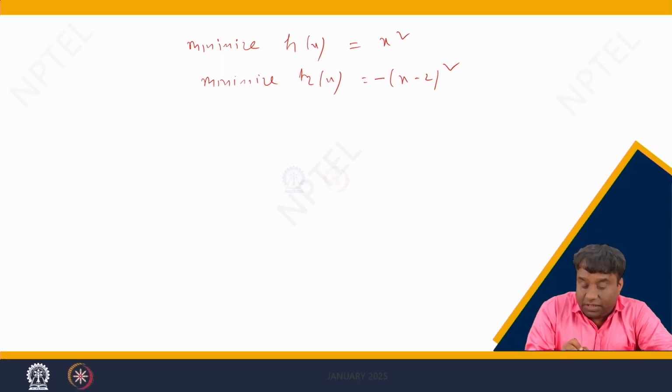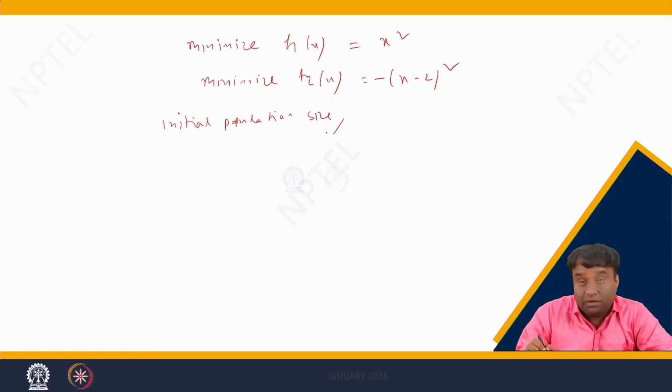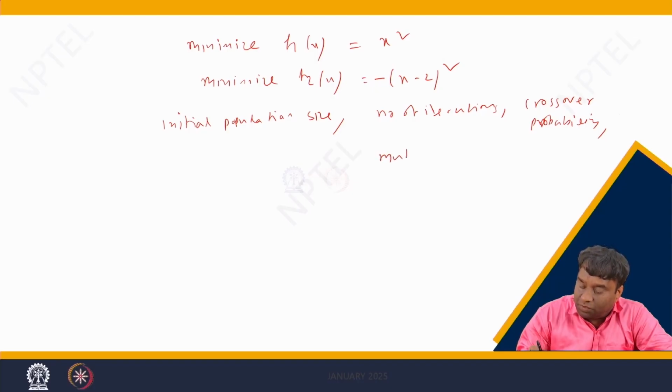Here, first you need to fix the initial population size, then the number of iterations, then the crossover probability and the mutation probability.